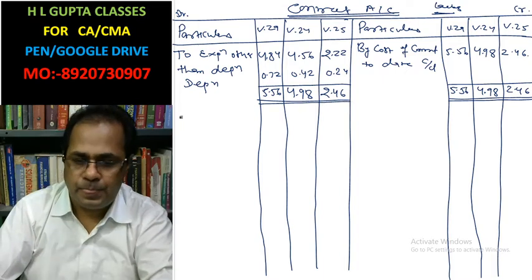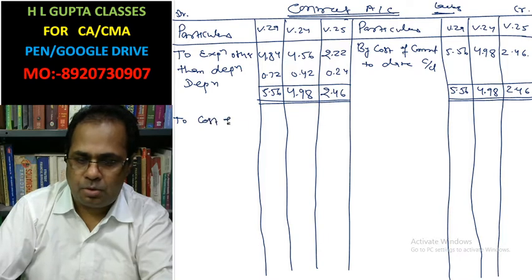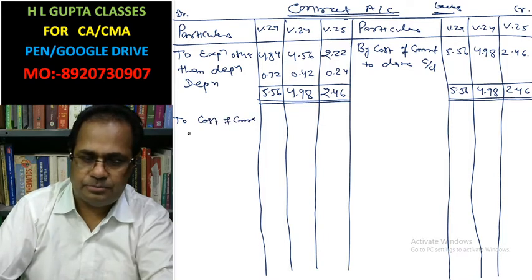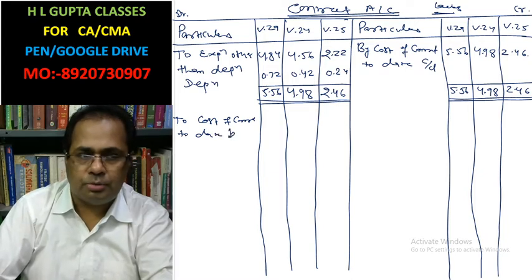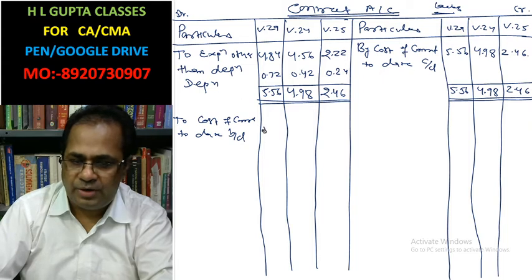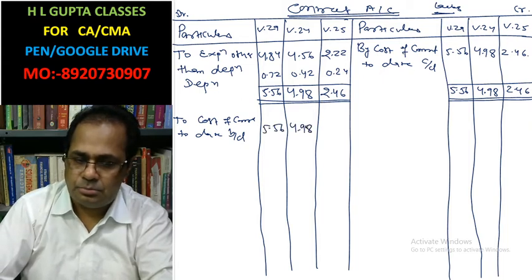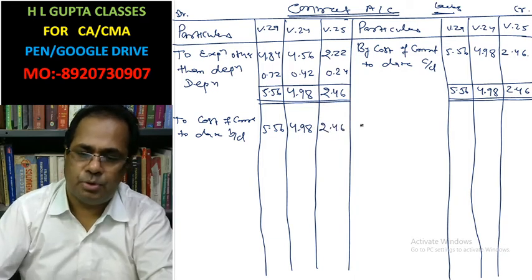Now, to cost of contract to date brought down: 5.56, 4.98, 2.46. Okay.